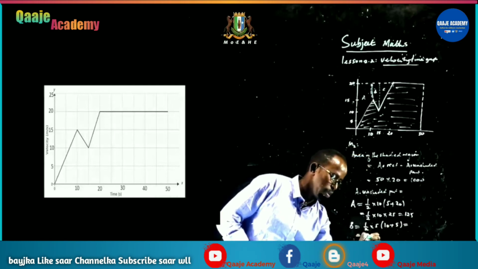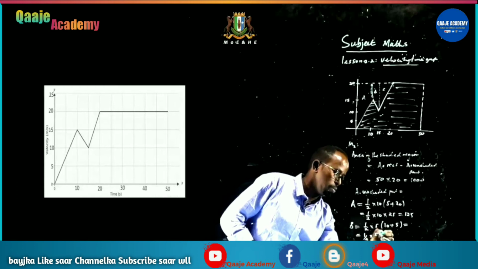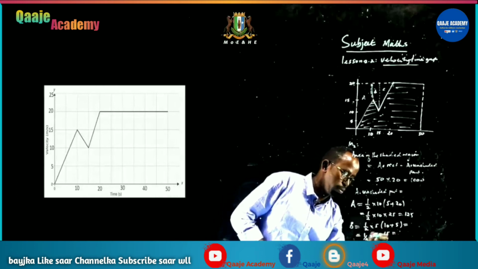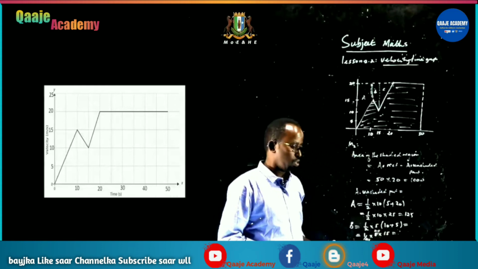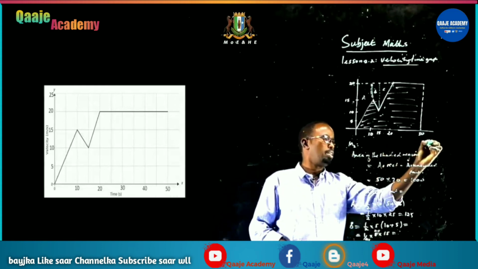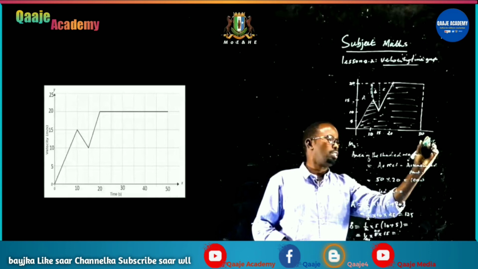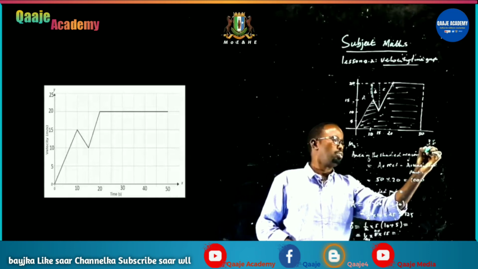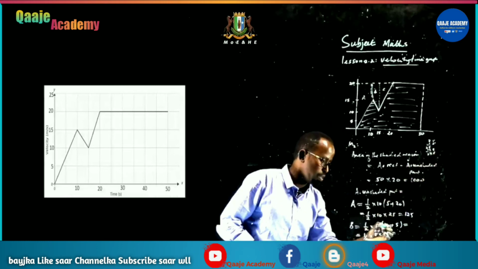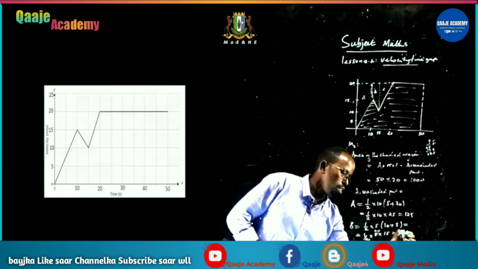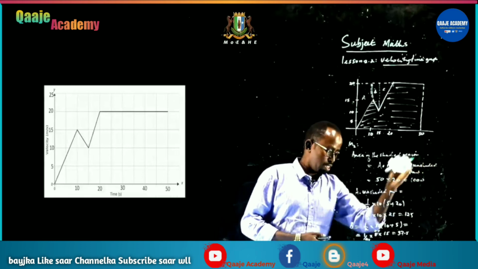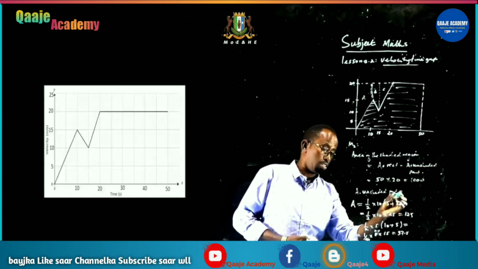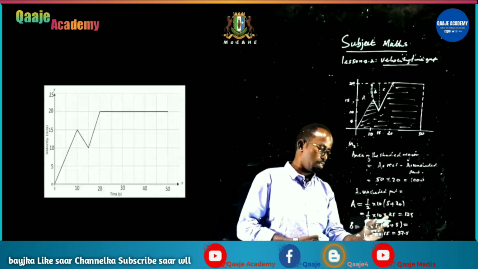A half multiplied by 5 multiplied by 15, half of 5 you get 2.5. 2.5 multiplied by 15, you get 37.5.